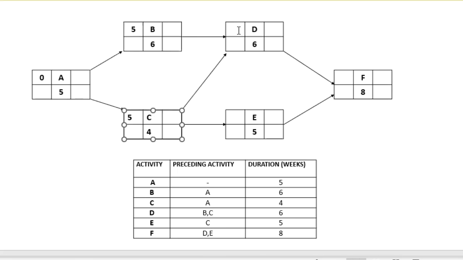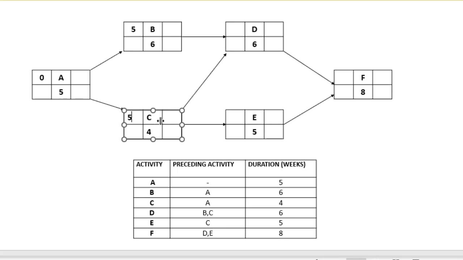Because, how do we know that? Because we see the 2 arrows here towards D. This is showing that D is dependent on B and C to be completed. Good. Now, even if one of these, B or C, finishes before the other, this activity D still cannot start until the other is finished.